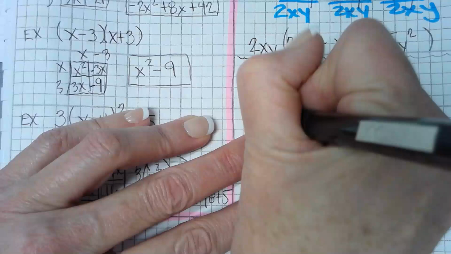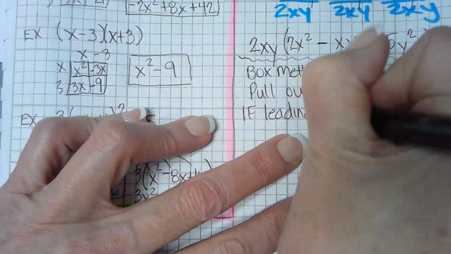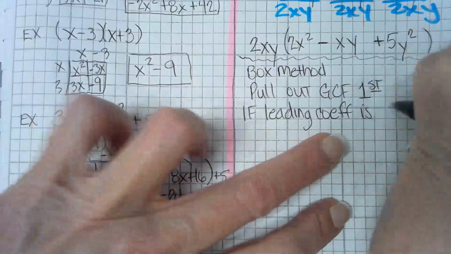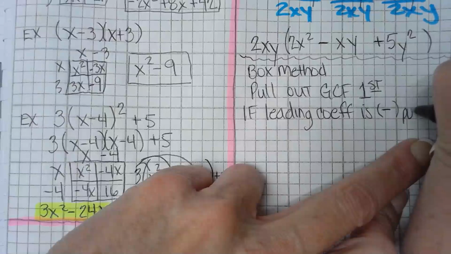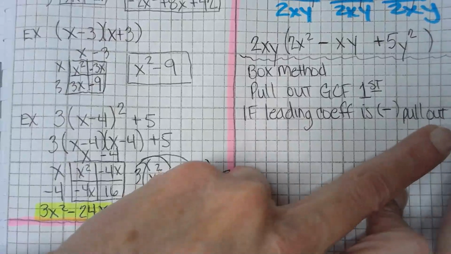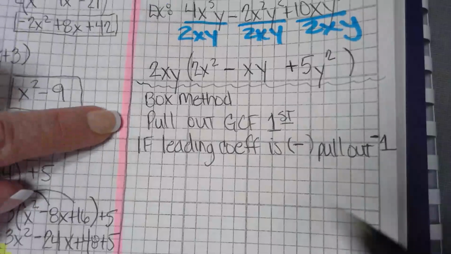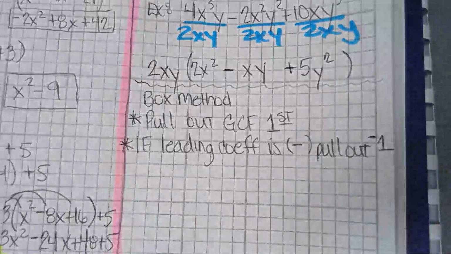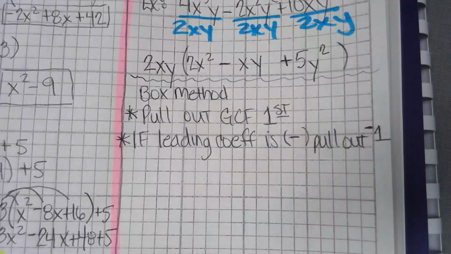If leading coefficient, that's the one on the x squared term, is negative, you're going to pull out -1 as a GCF. Okay? So pull out a greatest common factor if it's there. If the leading coefficient is negative, you got to pull out a -1. We got to try to get rid of it, in other words. Get it out of the way.